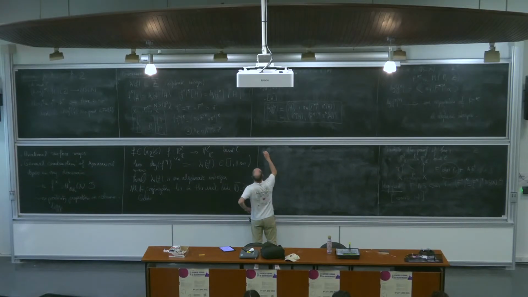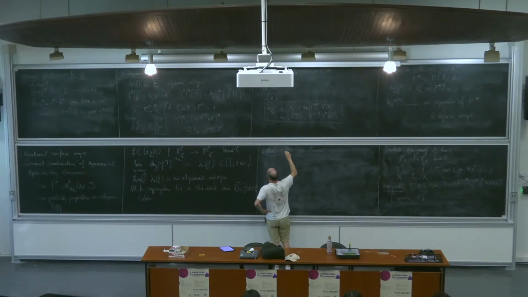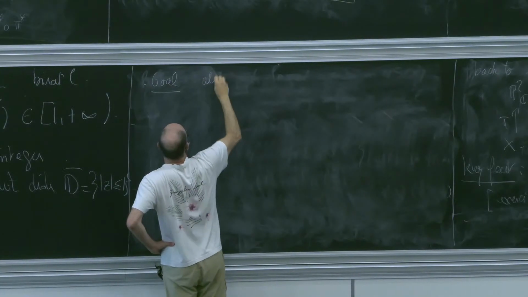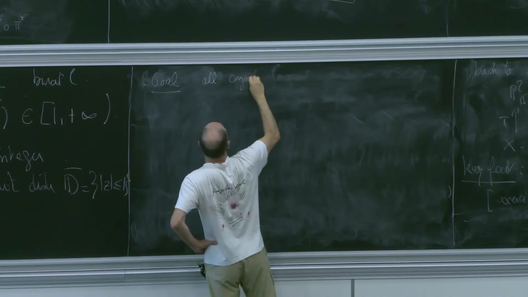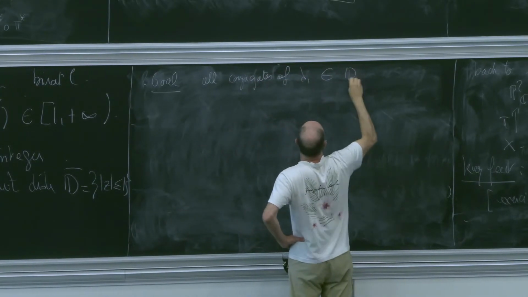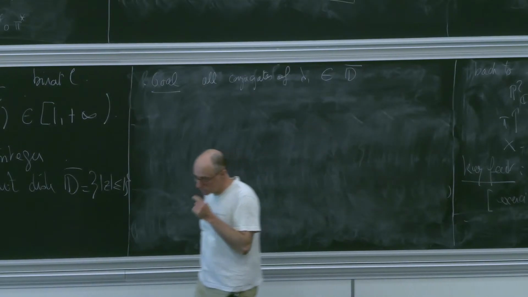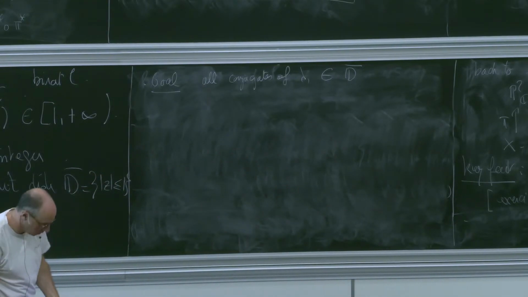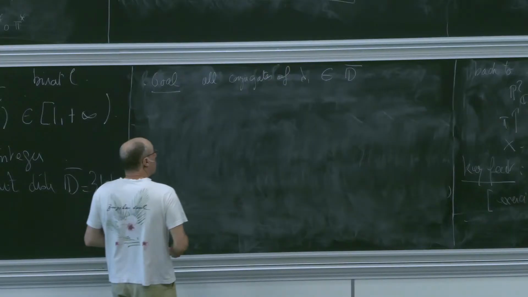Okay, so goal. We know that all conjugates of lambda 1 lie in the closed unit disk. So let me give some idea about this.